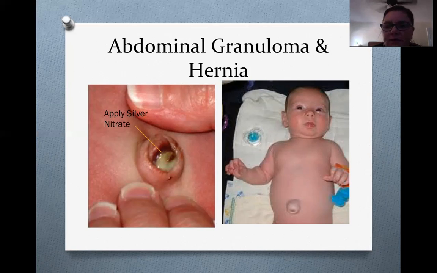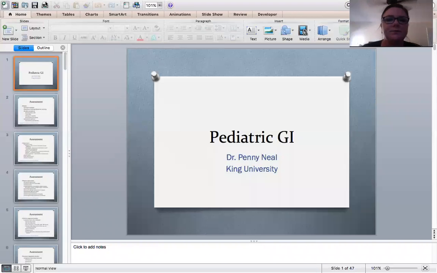So you don't have to do anything with umbilical hernias other than reassure the parents and let them know that if it became a strangulated hernia, like it started to turn blue or purple and causing pain, then that would definitely be an emergency. But if it's just a normal umbilical hernia, those usually resolve by their first birthday. And if they don't, you can send them to the surgeon, but most of the time, as those muscles become stronger, those resolve on their own.